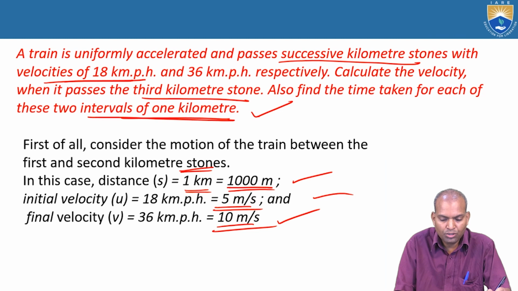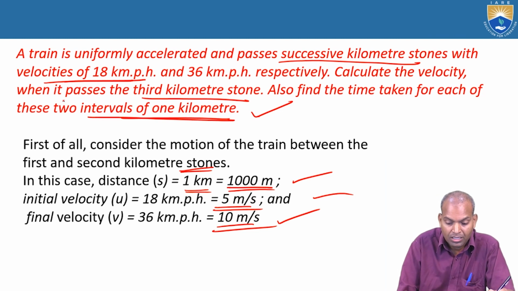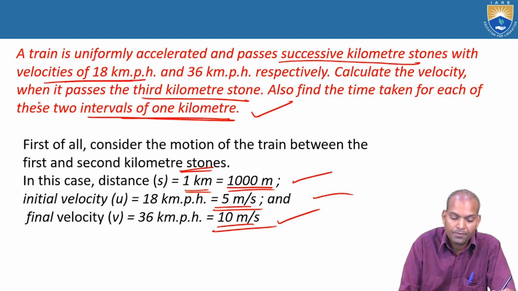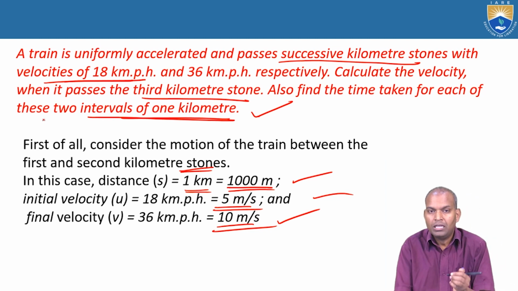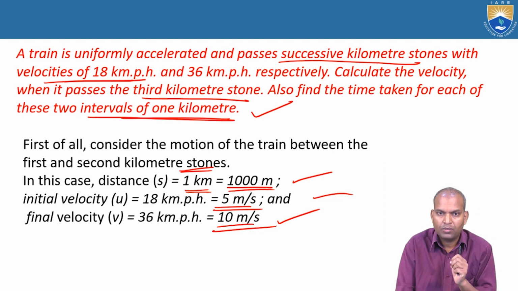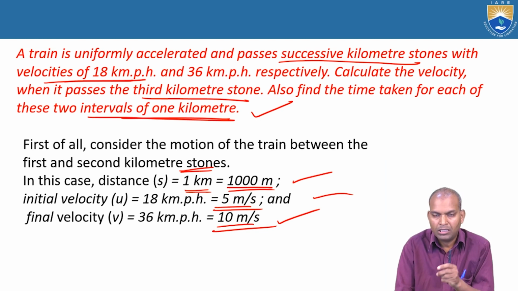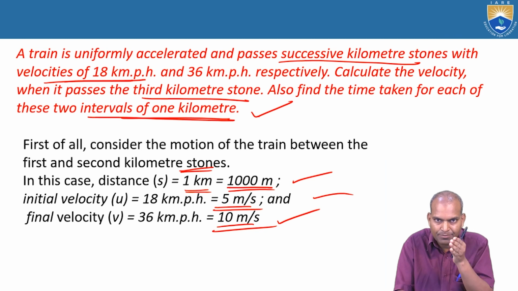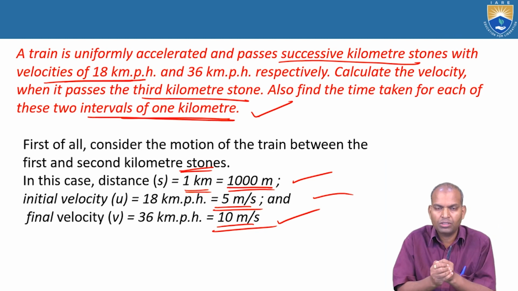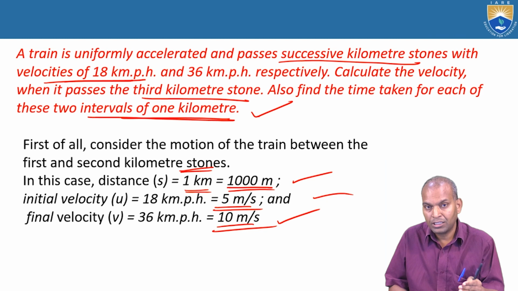Also, one more thing: how many objectives are there? Calculate the velocity when it passes the third kilometer stone, and also find the time taken for each of these two intervals of 1 kilometer. There are three objectives. One is the velocity when it passes the third kilometer stone. The second and third are the time t1 for the first kilometer stone and the time t2 for the second kilometer stone.